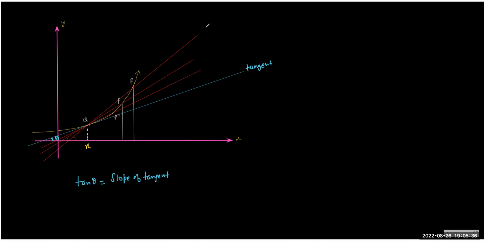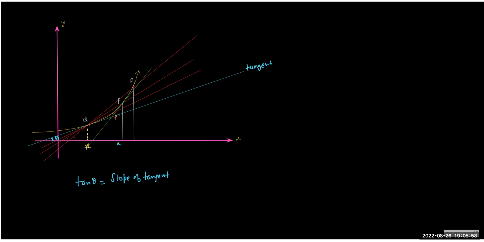So for example, if I shift the x to this location, if this is the new x, then if I try to draw the tangent at that location, it will look like this, correct? Now, can we say the slope of this tangent is the same as the slope of the old tangent?